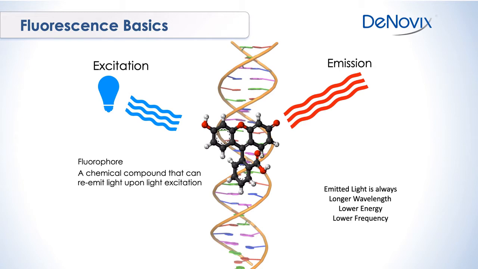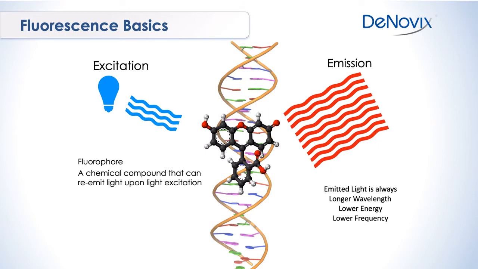Now, one of the properties that makes this useful in quantifying biomolecules is that once this fluorophore is bound to our analyte of interest, in this example DNA, the fluorescence emission is enhanced.